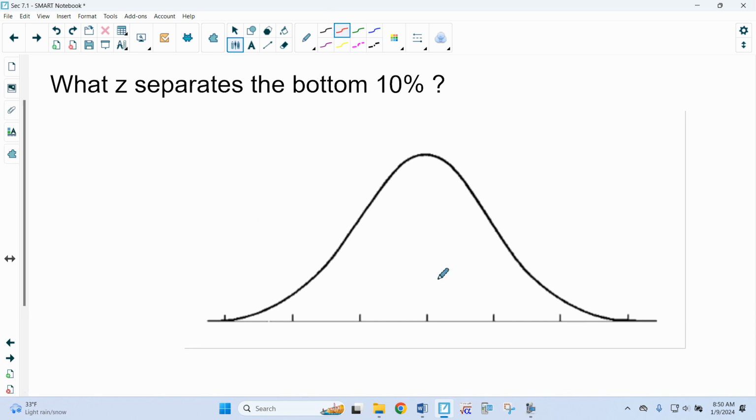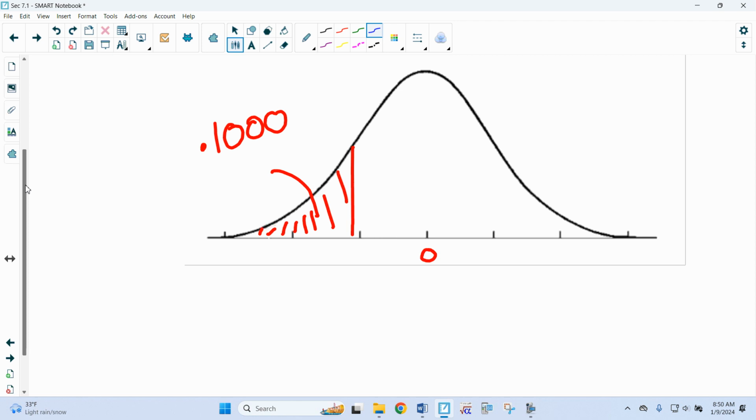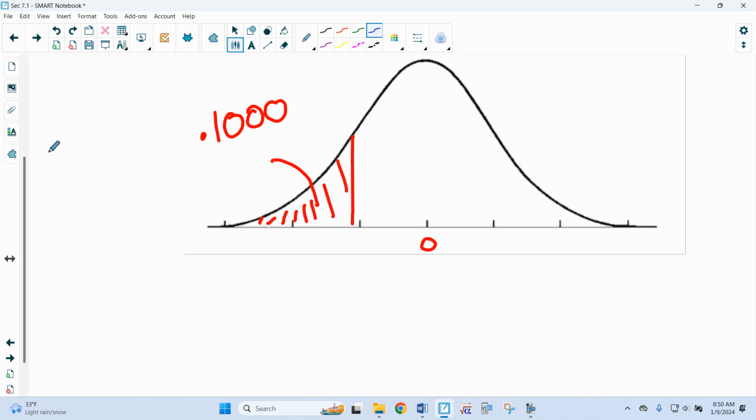Wherever the line is, we're just going to guess. We know if this is 0, to the left is 50%, so for 10%, we're just going to guess, it doesn't really matter where. We're going to say this bottom percentage here is 10%, which would be 0.1000. I'm writing all 4 decimals because when you look in your table, they give you 4 decimals.